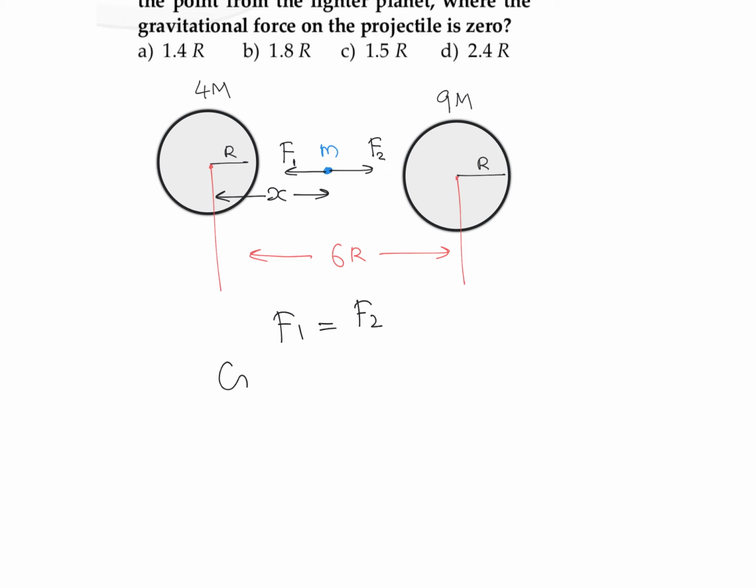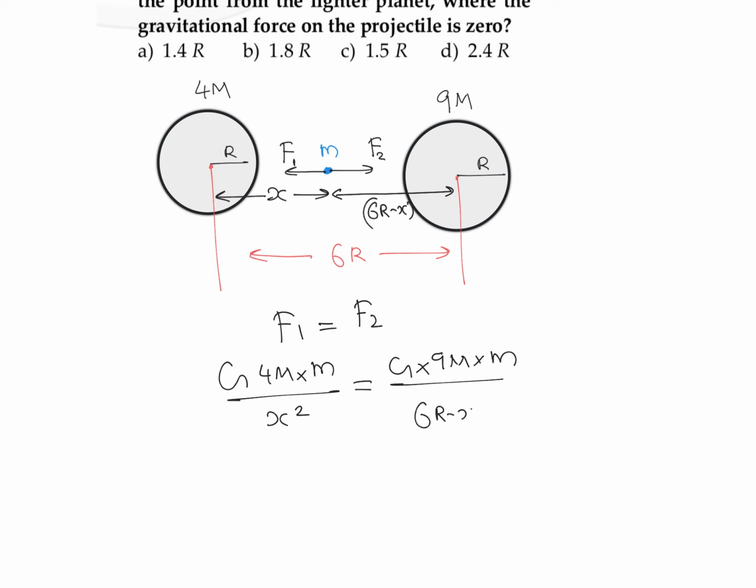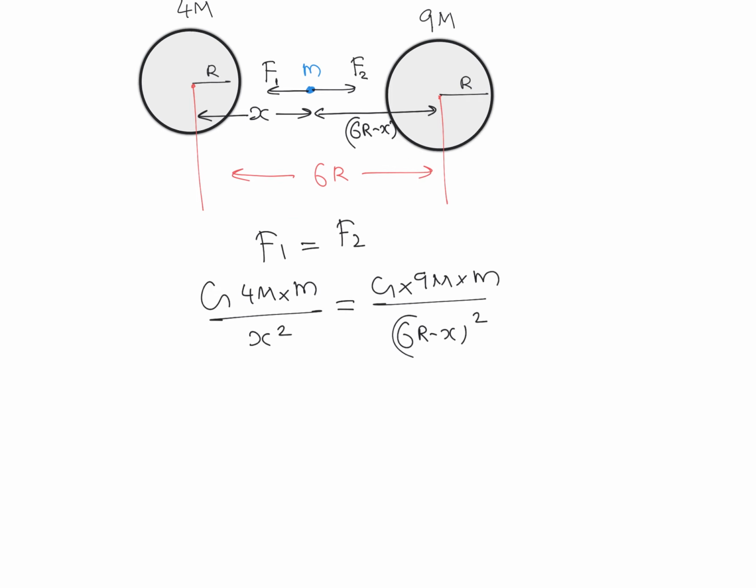F1 we can take as G into 4m into the mass of the projectile, small m, divided by x square, that should be equal to F2, which is G into 9m into m divided by the distance. The total distance is 6r, so this distance can be written as 6r minus x, the whole square.